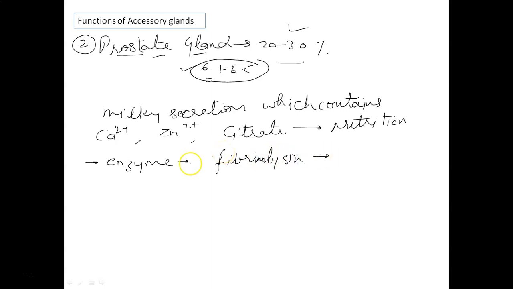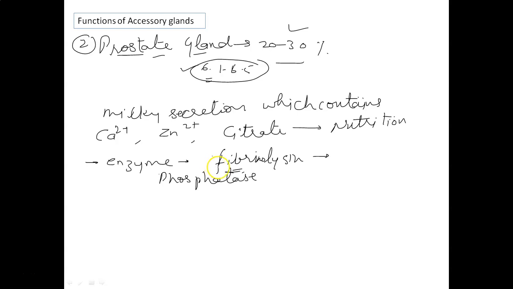It liquefies the coagulated semen after its secretion inside the female reproductive tract, so that the sperms become free and reach the female reproductive tract. Then it has the enzyme phosphatases also. So the various functions of prostatic fluid: it contains a number of ingredients like several enzymes, zinc, and citric acid.